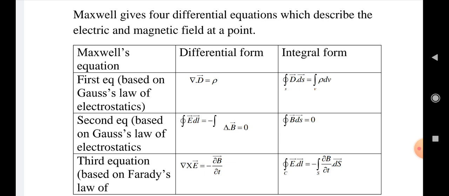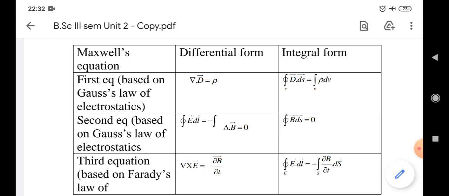The first Maxwell equation in differential form is del dot D bar equals rho. In integral form, the closed surface integral of D bar dot dS bar is equal to the volume integral of rho dV.